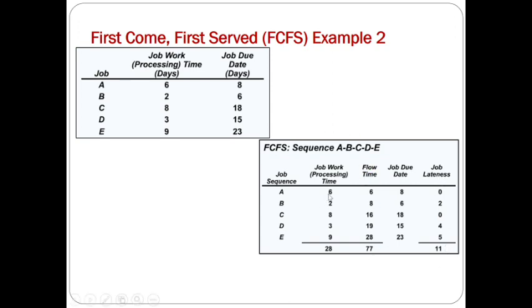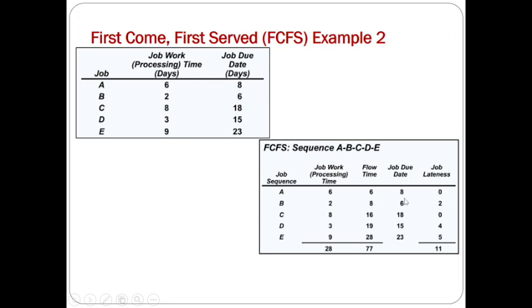Flow time is 6 plus 2, 8, 8 plus 8, 16, 16 plus 3, 19, 19 plus 9, 28 and so on. The total processing time is 28, the total flow time is 77, and the job due date is given here.